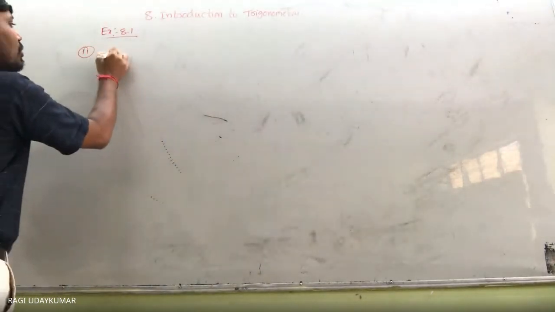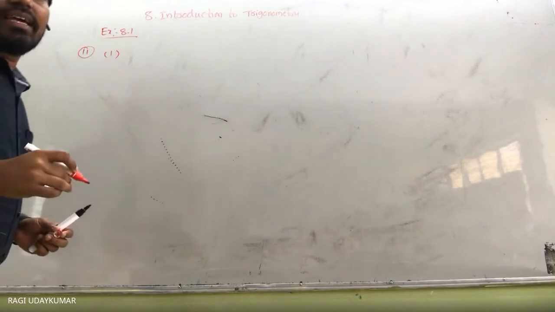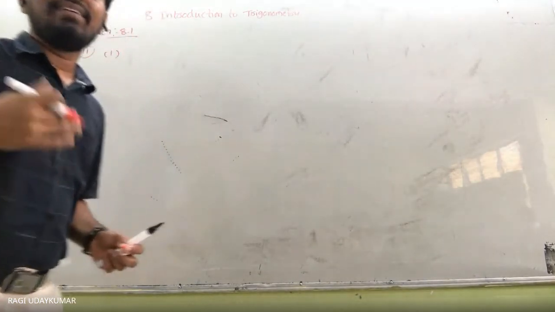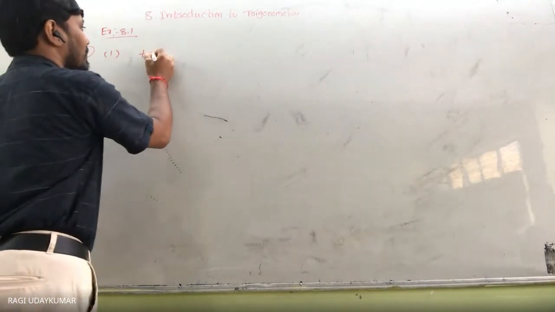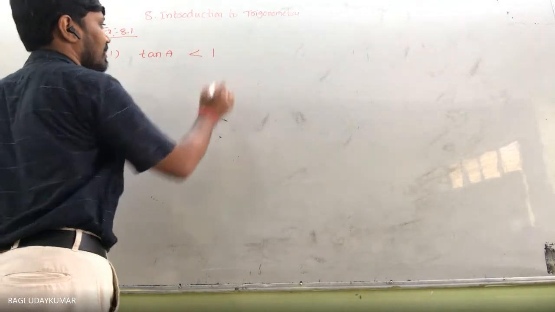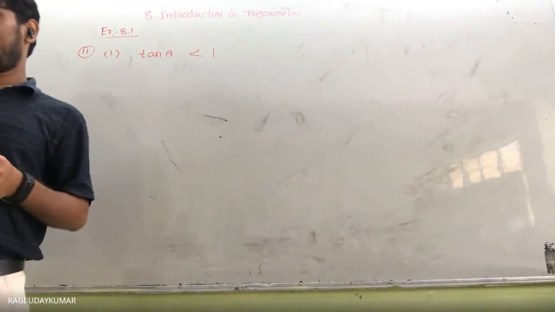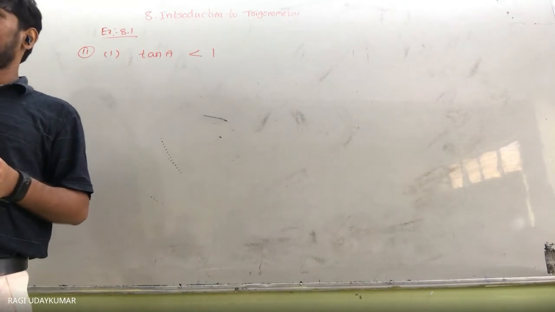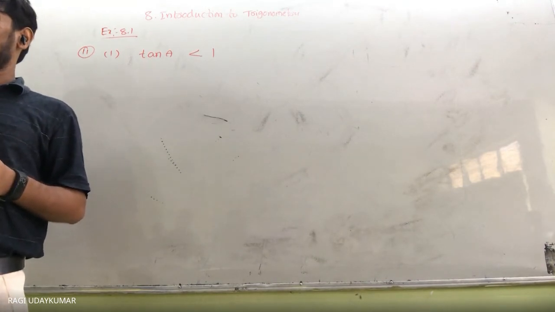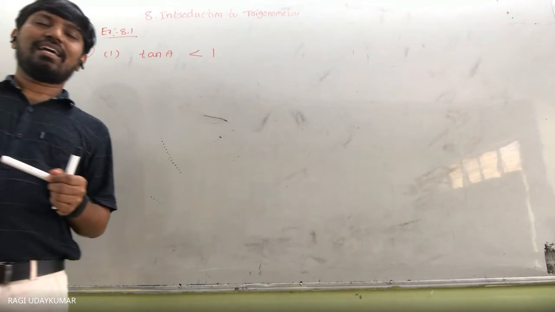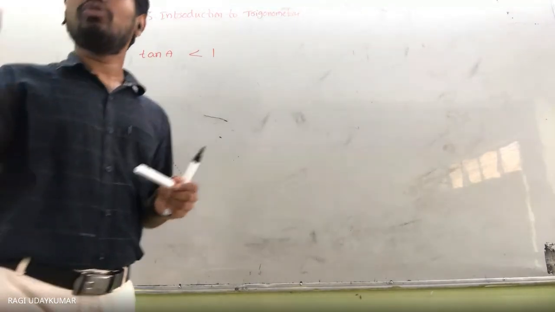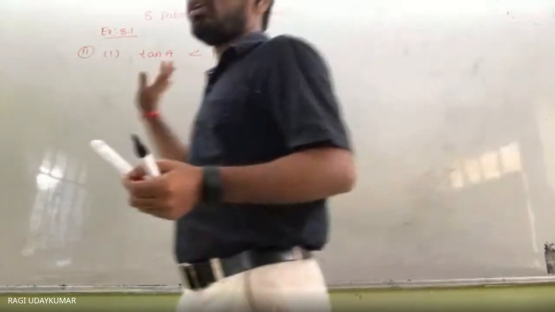So whether they are true or false, you need to say here. The value of tan A is always less than 1. True or false? You don't know the values of 45 30. So I am asking that whether tan A is less than 1 or not.